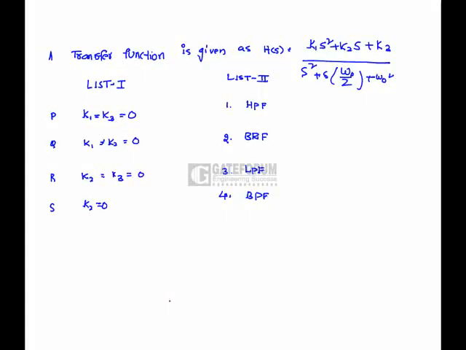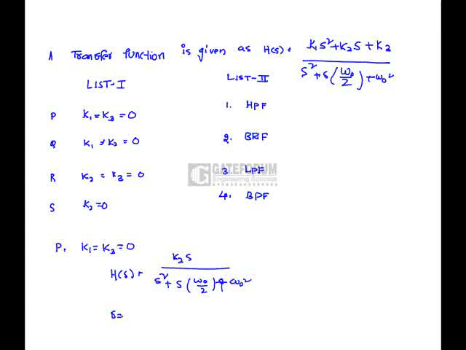Here the question is, the transfer function is given as H of s. We have to match List 1 and List 2. Suppose we check the condition k1 and k3 equal to 0. Then H of s is going to be k2 s by s square plus s omega naught by Q plus omega naught square.